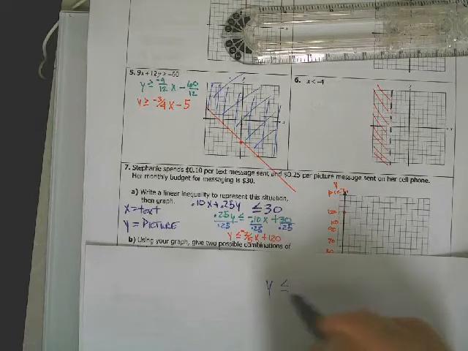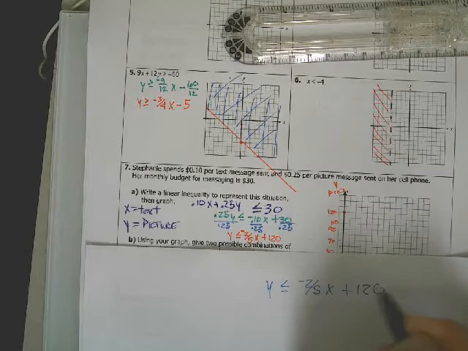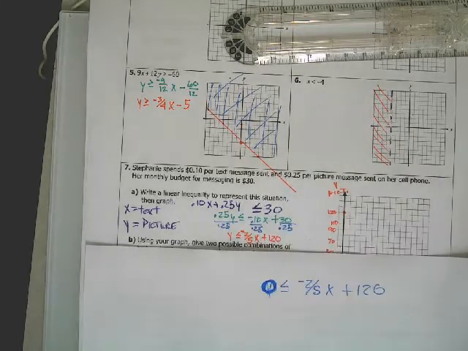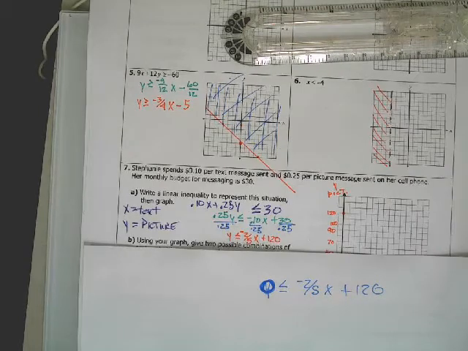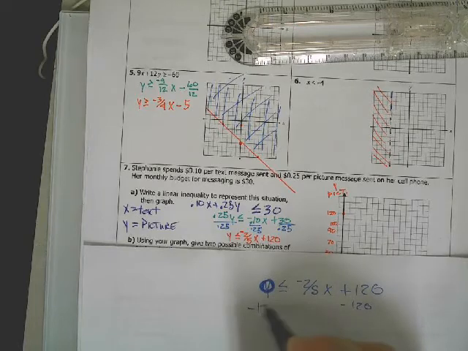Y less than or equal to negative 2/5 x plus 120. If my y value is going to be 0, what is the x? So I would subtract 120 from both sides.